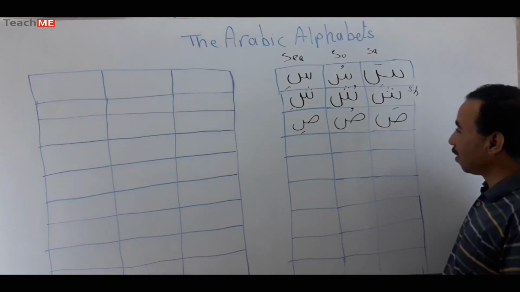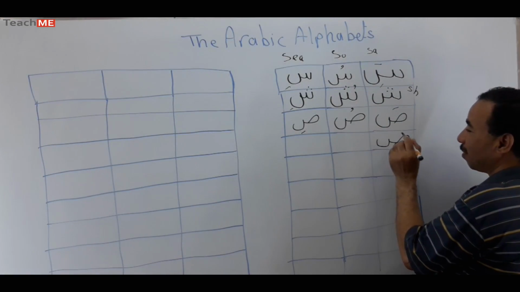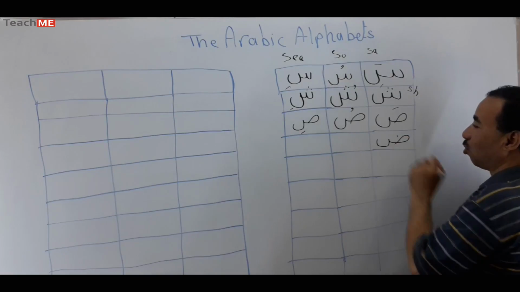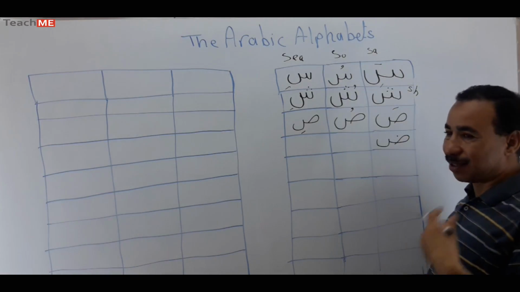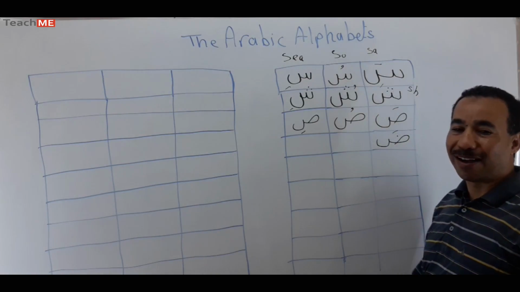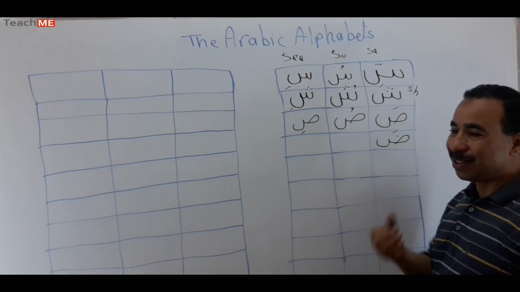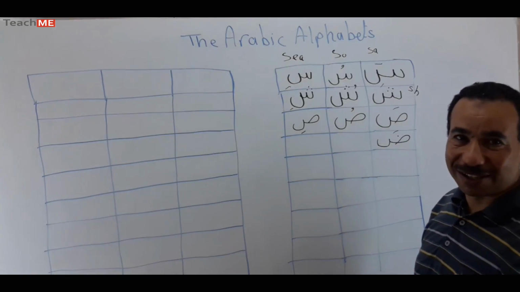The fourth letter is Dad. It's like Sad, but it has a dot. If you put fatha, it's da. This letter is found only in Arabic, not in English.